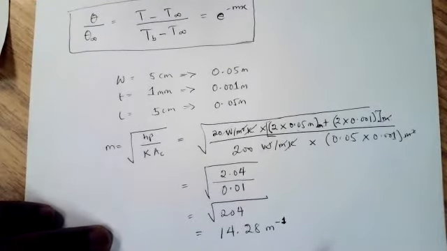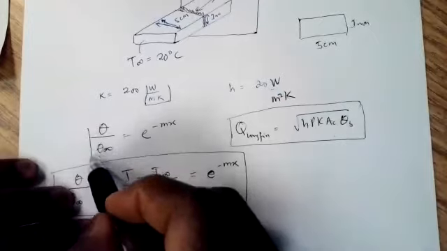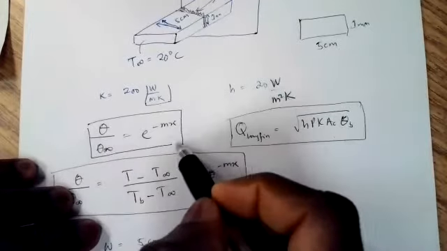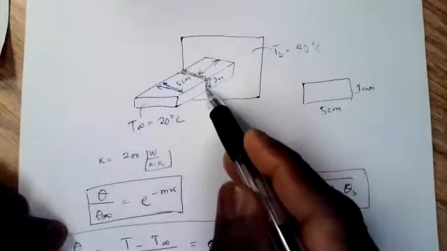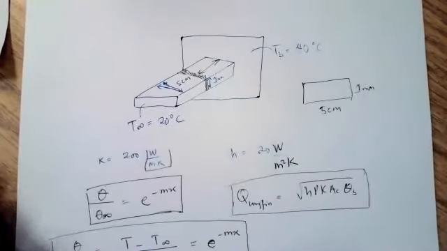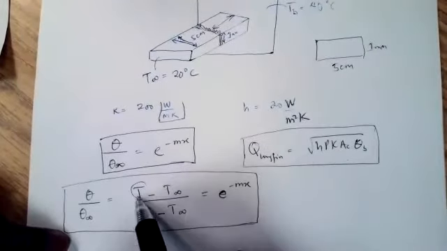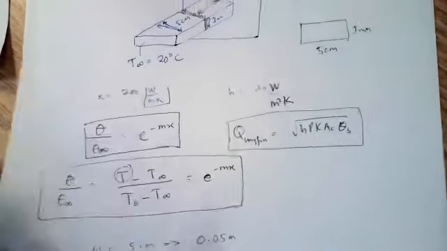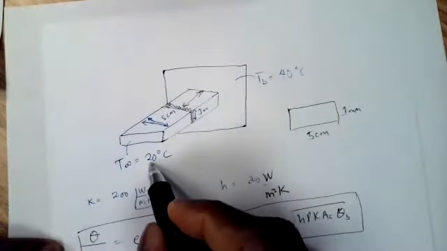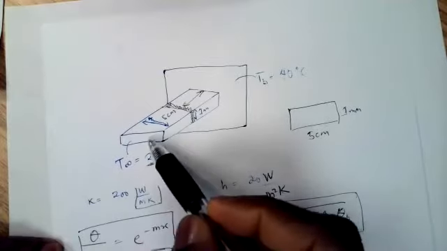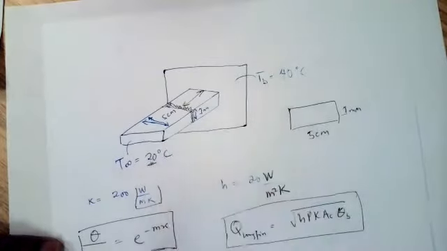And once we get this, we can then put it in this formula right here just to find what the temperature will be at that boundary, which is T. Okay. So if we say T minus T infinity, we know T infinity to be 20 degrees, because we're told that this shares the same temperature as surrounding air.